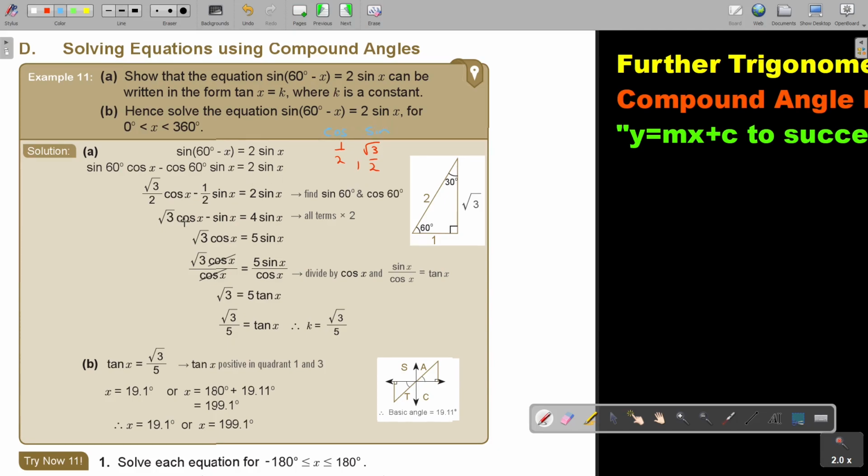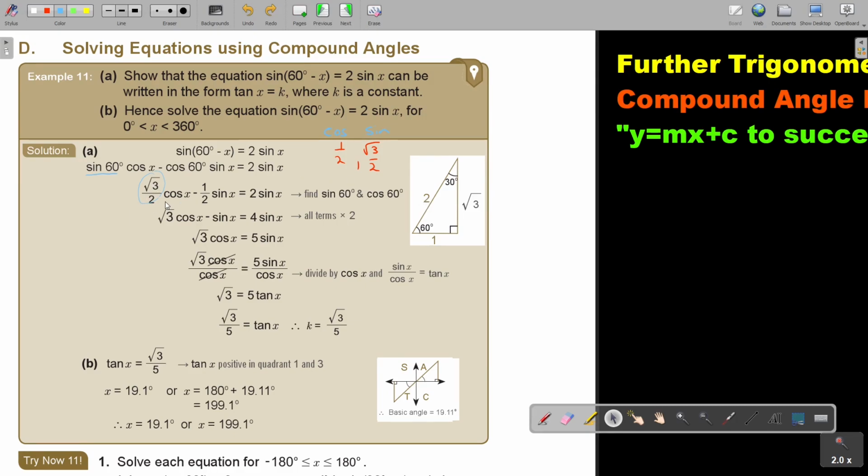So sin 60 is square root 3 over 2. You can either use that from the unit circle, or you can say sin of 60 is opposite over hypotenuse, which is square root 3 over 2.